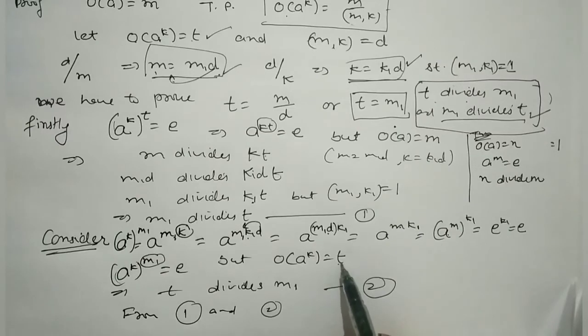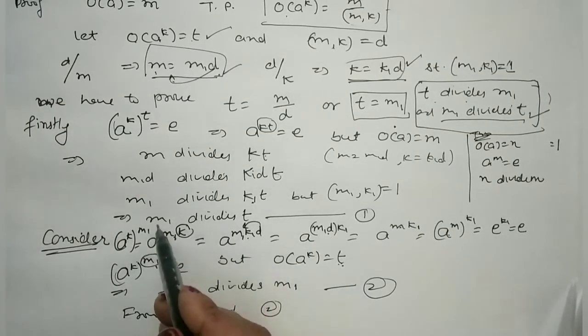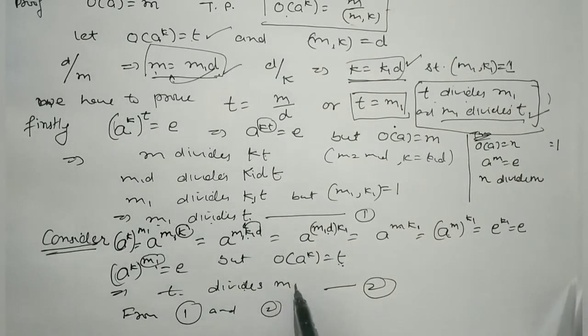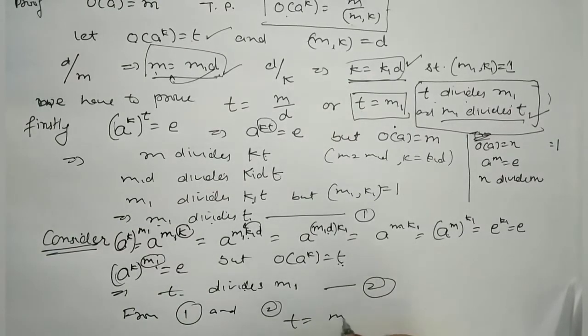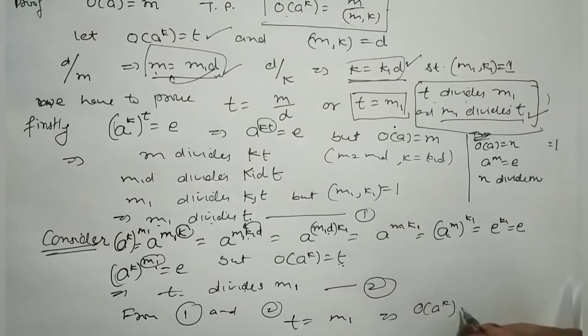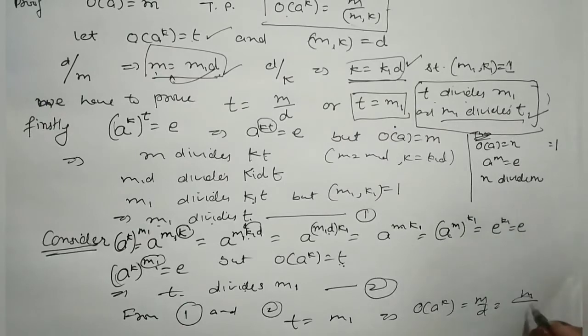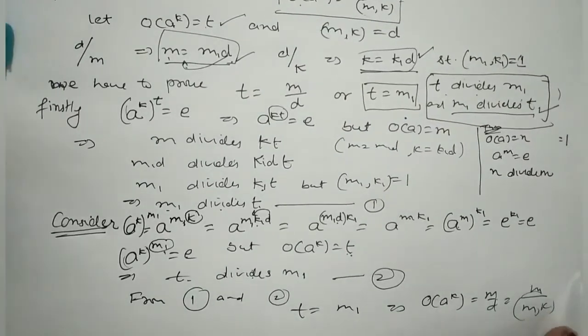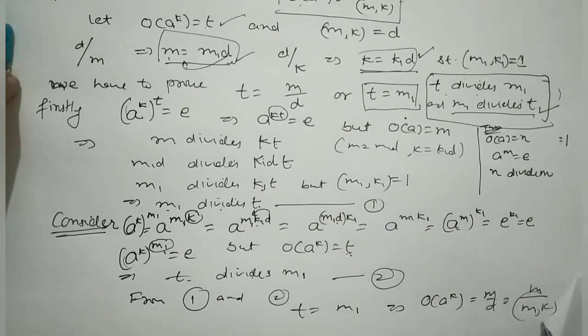So here also t divides m1, and from 1 and 2, m1 divides t and t divides m1. If both numbers divide each other, it means they are equal. That means t is equal to m1. Now you can write t is the order of a raised to power k, and m1 is m upon d. And what is m upon d? It is m upon GCD of m and k.